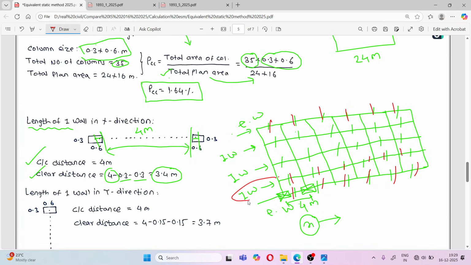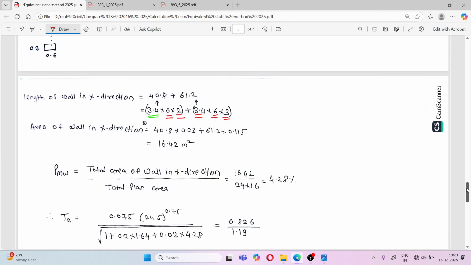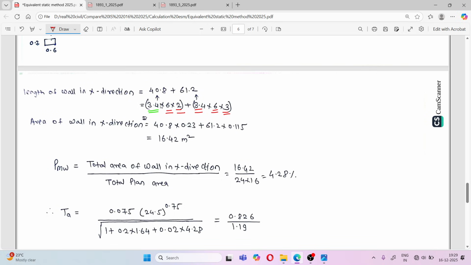Internal wall: 1, second and third. That's why into 3. So 40.8 meter is the length of wall in the external direction and 61.2 is the length of wall in the internal direction, which consists of the internal wall basically.